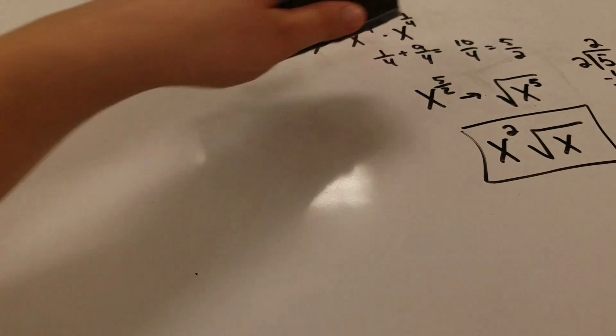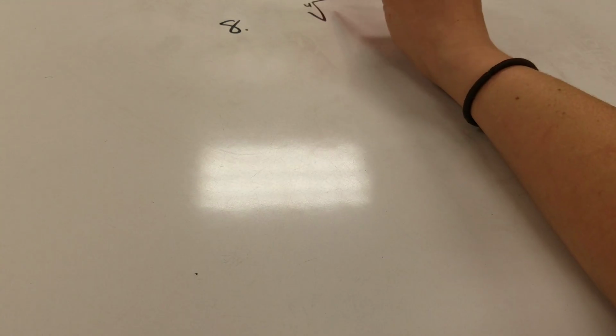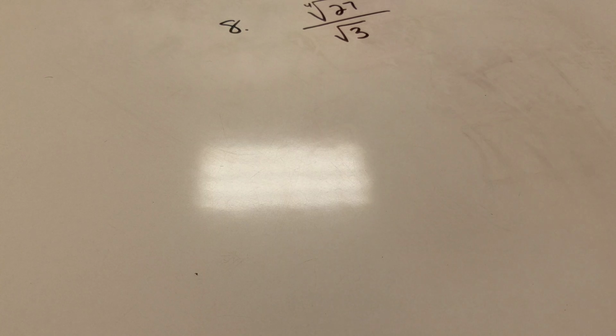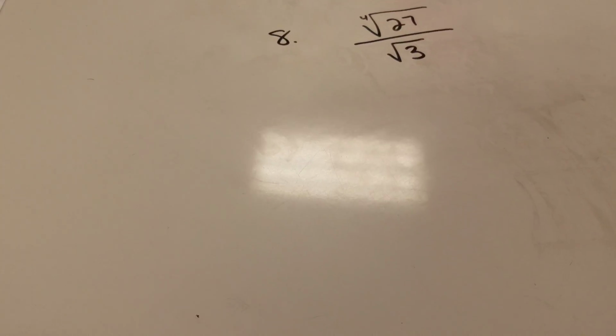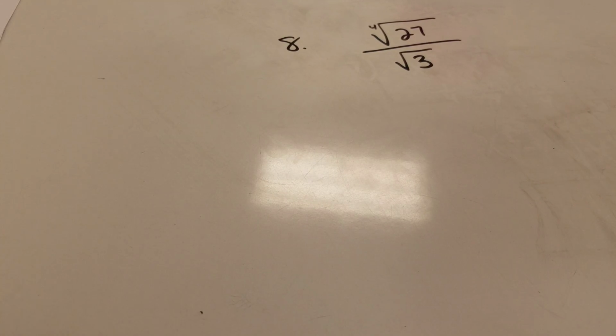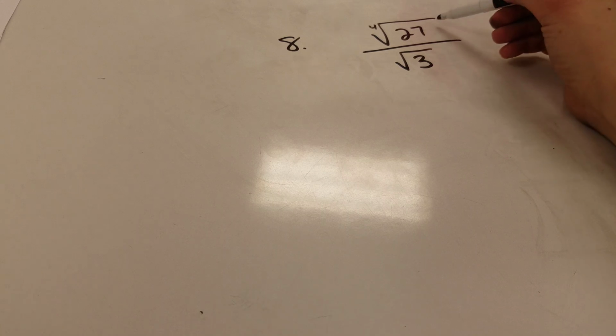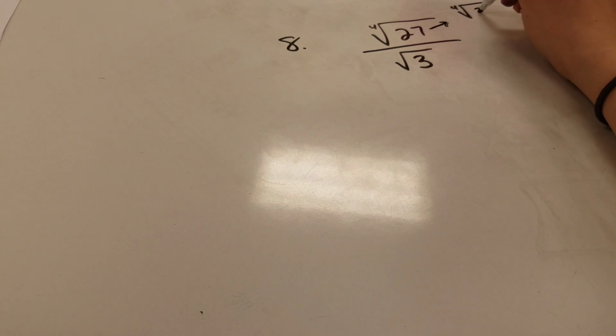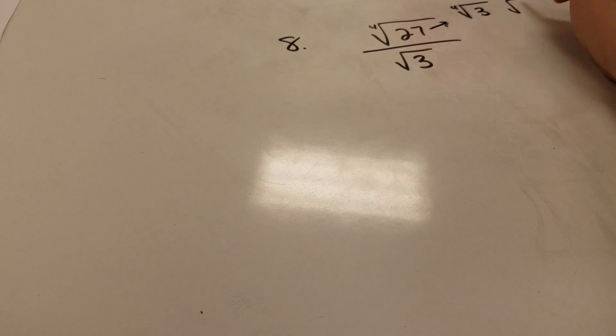All right, and then the most fun one of the day was number 8. Okay, so we had the 4th root of 27 over the square root of 3. So we did it differently in class. I'm going to do it the easiest way, which is to try to get them to be like bases. So the first thing I'm going to do is break down 27 into 3 and 9, and then 9's going to break down into 3 and 3.